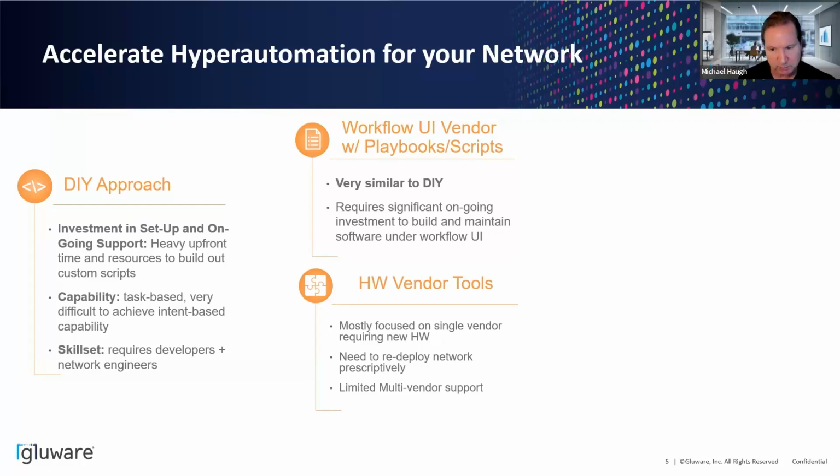And then in this last bucket here, the majority of hardware vendors out there provide some level of tooling for automation, maybe for monitoring that has some automation and others. And what you're finding there is where there may be some benefit here. Many of the organizations we go into are very multi-vendor, and then you have your different domains of the network with the LAN, WAN, data center, and all these things.